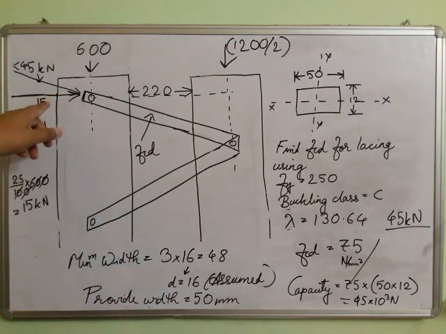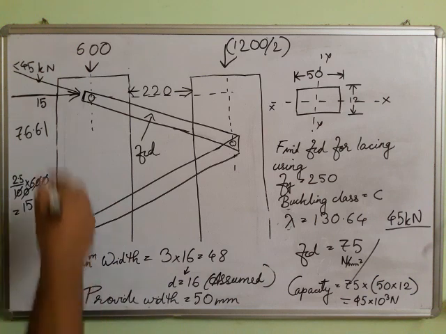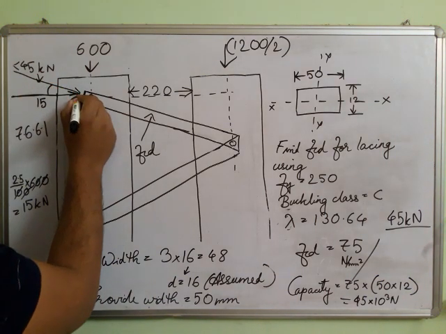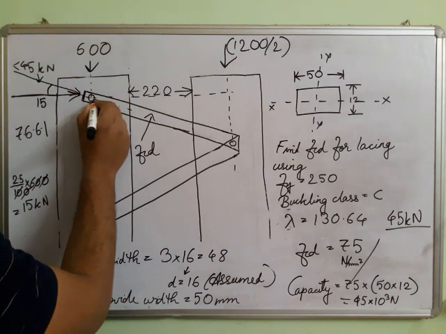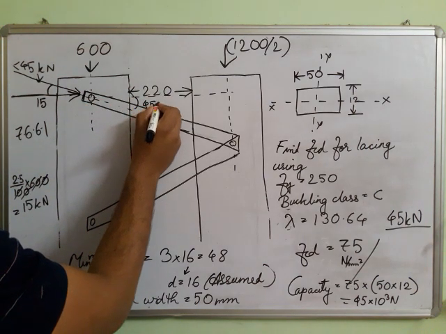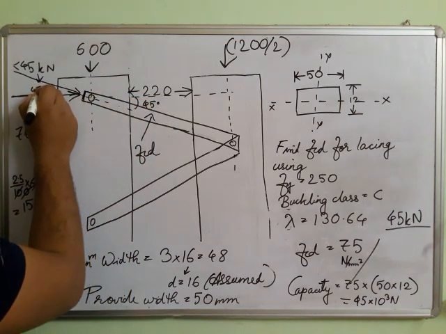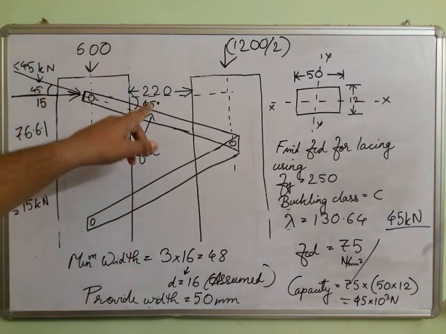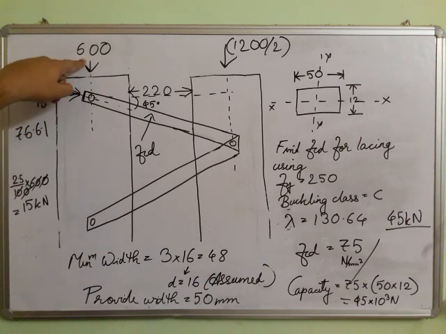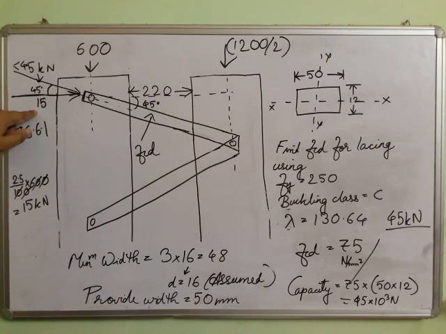So this 15 will have a component like this. We have done this resolution of forces in our first year. If this is 45, this one is also 45, obviously. 600 is the applied load and 15 is also the applied load.